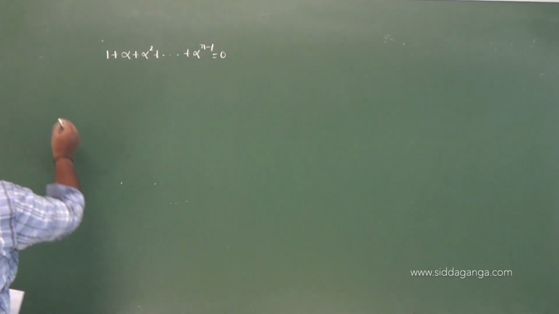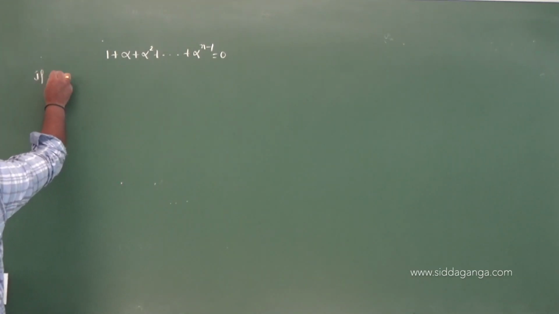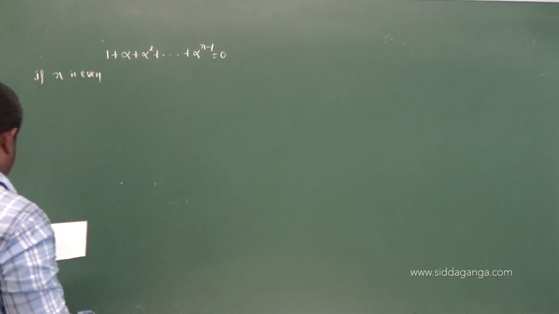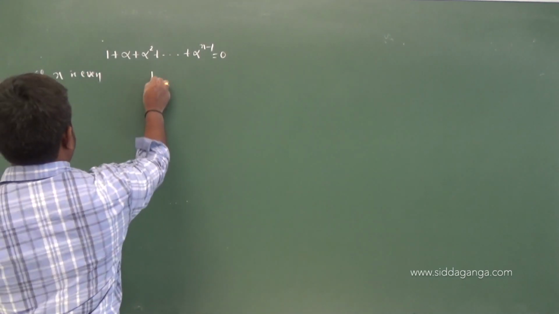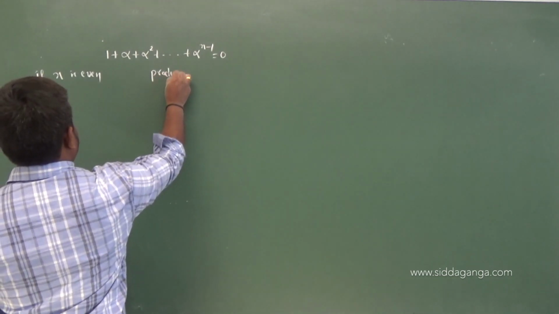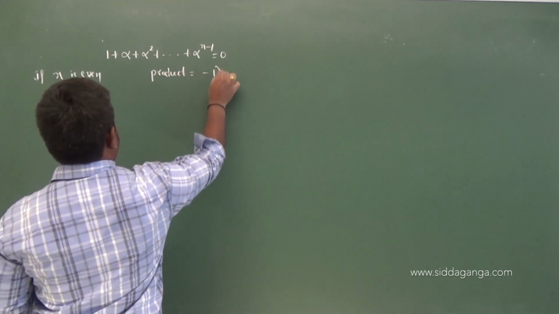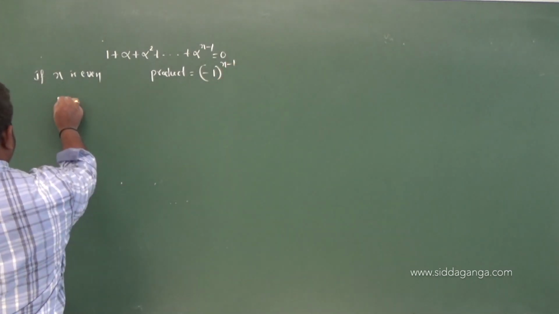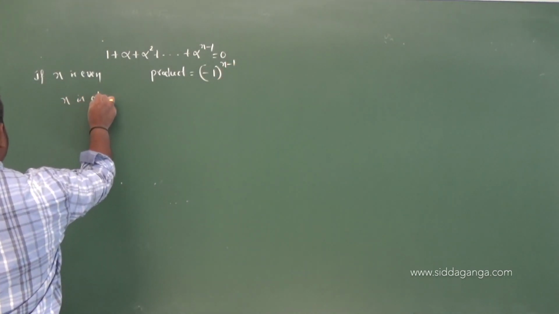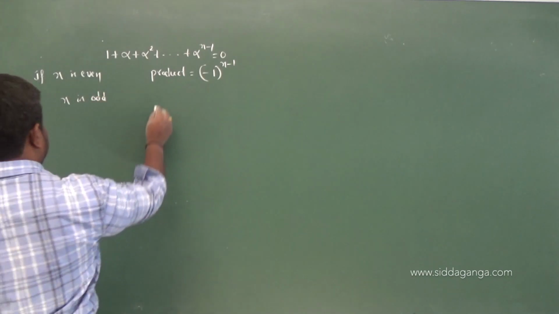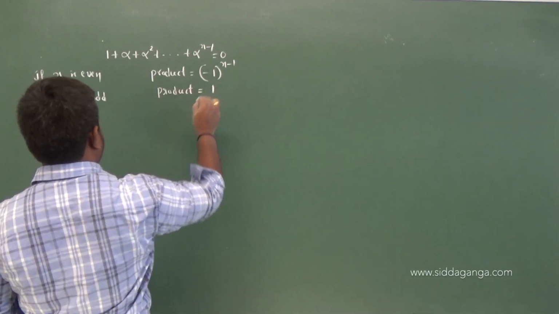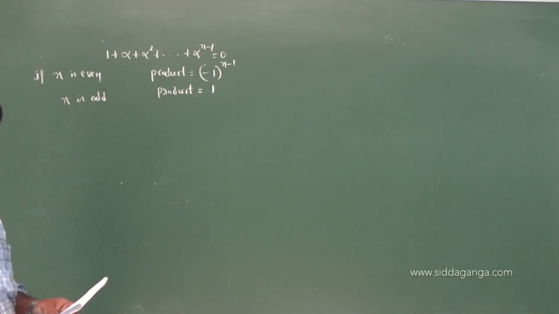If n is even, then the product of roots is equal to minus 1 whole power of n minus 1. If n is odd, then the product becomes 1. Product of all the nth roots of unity becomes 1.